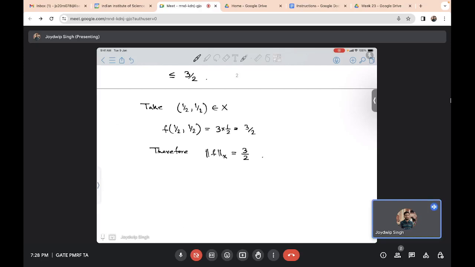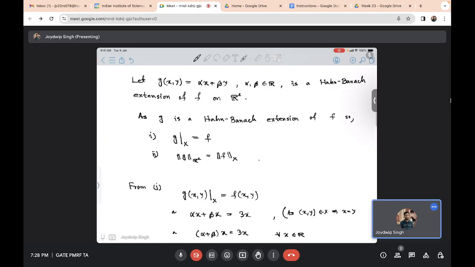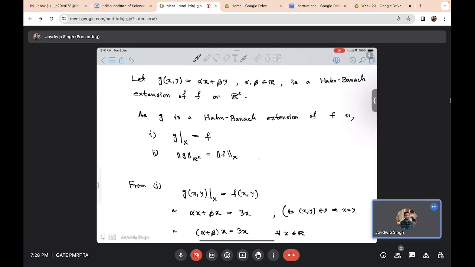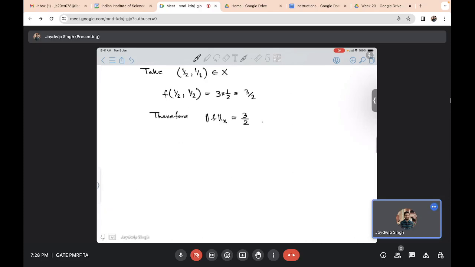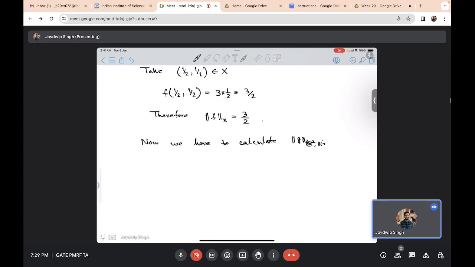Now you have to calculate the norm of G, and then we have to equate these two. So what will be the norm of G? Note, now we have to calculate the norm of G on R2, with which norm?